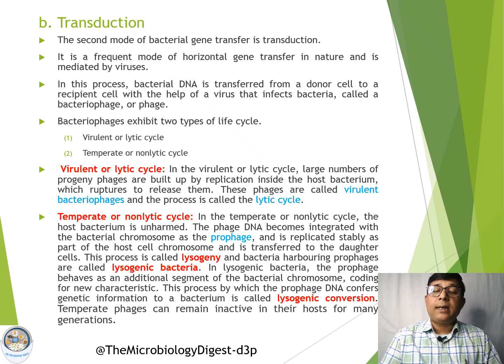It is integrated to the bacterial DNA as prophage, and it is replicated continuously along with the bacterial DNA replication. Through this replication process, it is transferred to the daughter cells. When new cells are formed, the prophage will be transferred to the next generation.